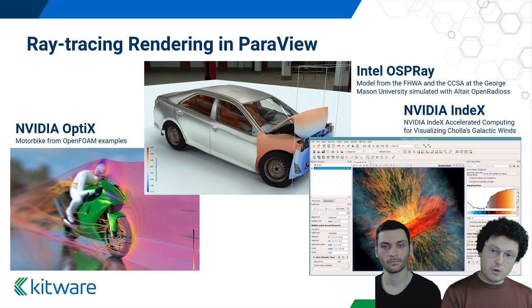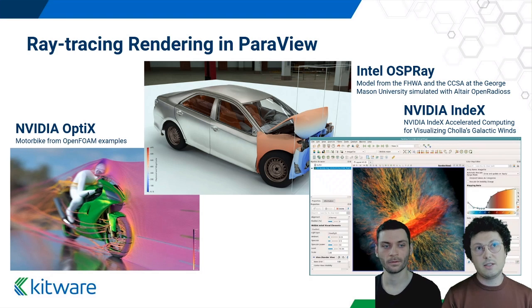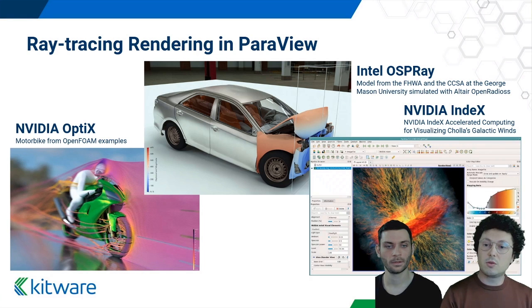And we also have OSPRay, which is developed by Intel. One advantage of OSPRay is that it doesn't really need a GPU. In fact, it can run on CPU and on some GPUs developed by Intel. So it can be very useful to be executed on HPC clusters that don't have a GPU, for example.